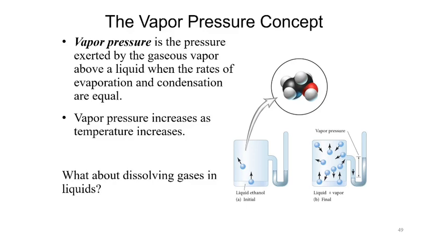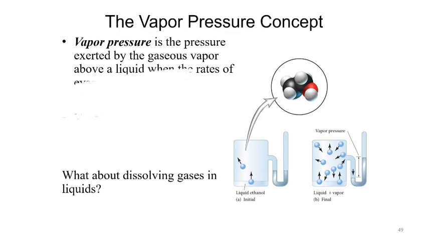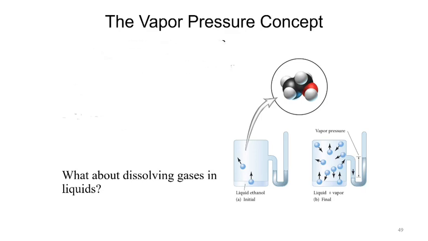As a slight side note, which we will discuss later in the semester, what about dissolving gases into liquids? This isn't really vapor pressure, but we've looked at something kind of similar, and it's a similar concept. What happens if we dissolve solids into liquids?